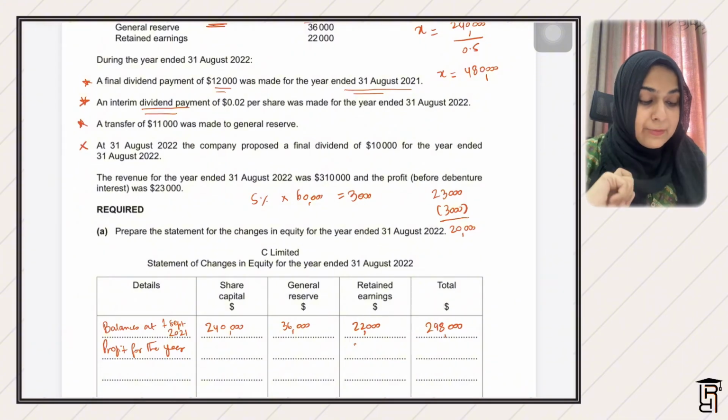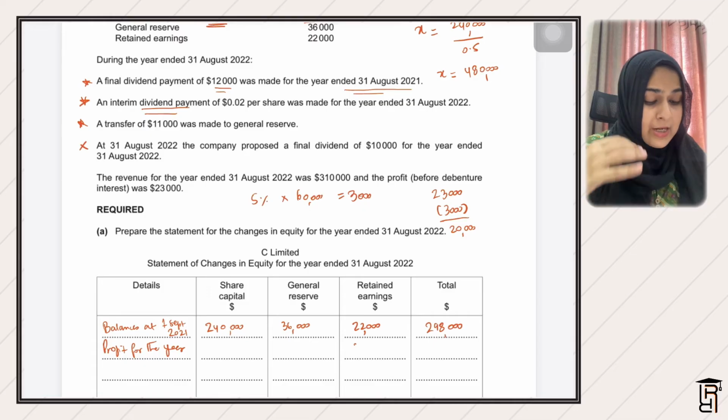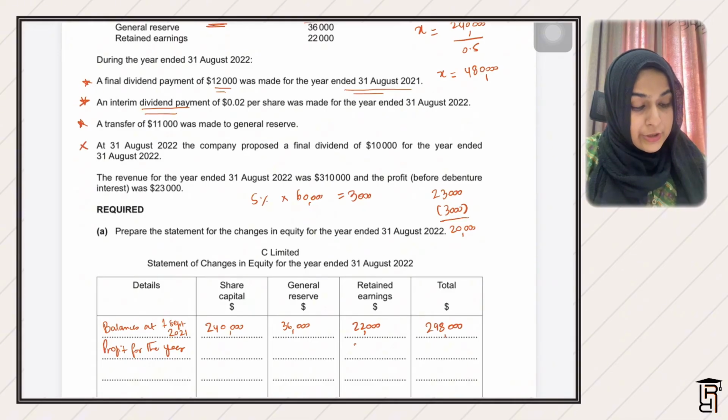The first dividend payment, last year's dividend, will actually be made first, so I need to subtract that first. I'll write here final dividend, 12,000. I need to subtract that from my retained earnings. And obviously the row total will also be negative 12,000.